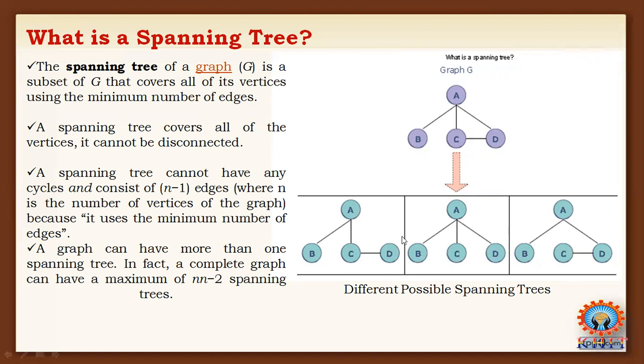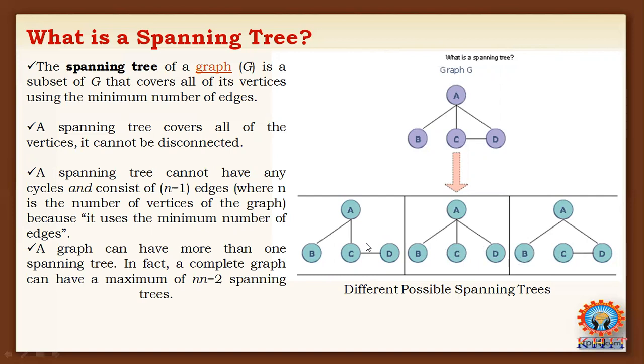But the spanning trees which can be generated from the given graph must satisfy some conditions. That is, the tree cannot be cyclic. So this is not a cyclic one, but almost all vertices will be covered. This is the way we can create another spanning tree, and this is another way.